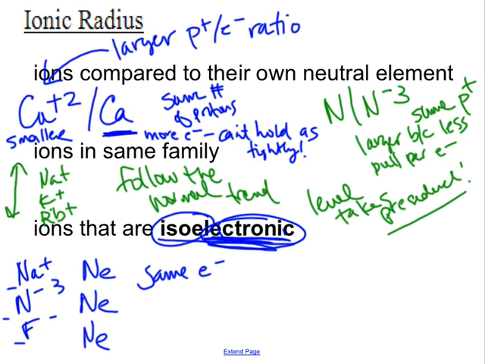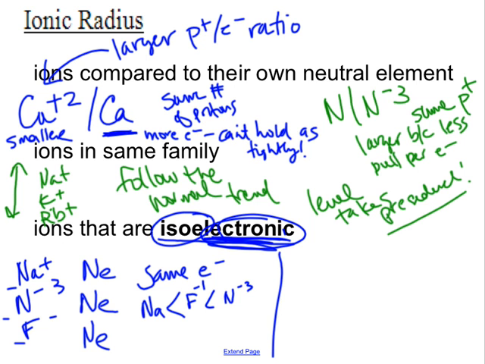So the more protons, the smaller the ion. Which one has the most protons? Sodium is the smallest, and then? Fluorine, and then? Nitrogen. Okay, and you rank them. It ranks from positive to negative: the more positive the number, the smaller it is, and then it increases as charge decreases. Because again, it's that proton to electron ratio.